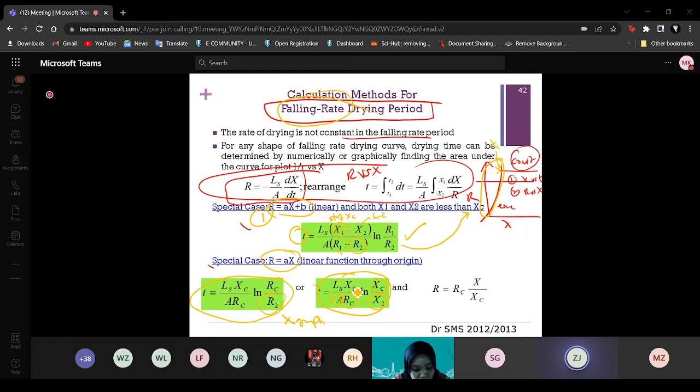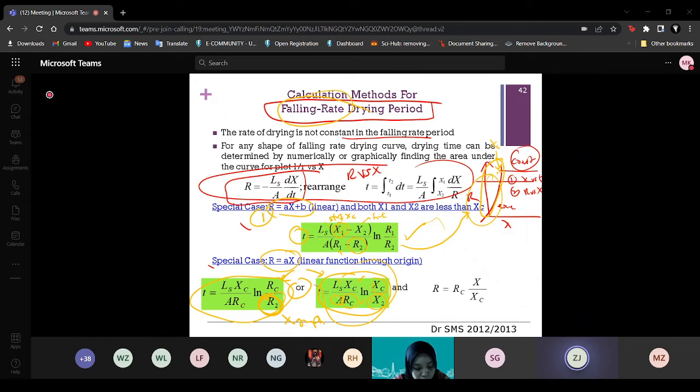But the other information, for example XC, RC, X2, is normally the one that is provided. It's easy to get compared to R2. R2 is normally given, or you need to get it from the graph. So that's why there are two alternatives. You can use this one or that one. Another one is LS XC divided by A RC, ln XC divided by X2. So you get the time.